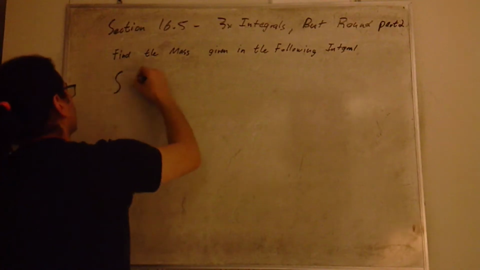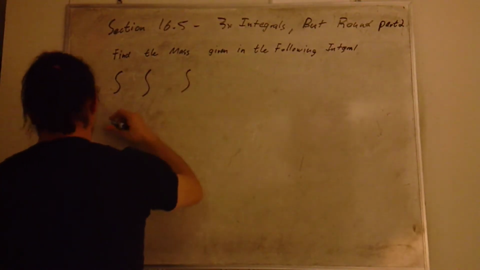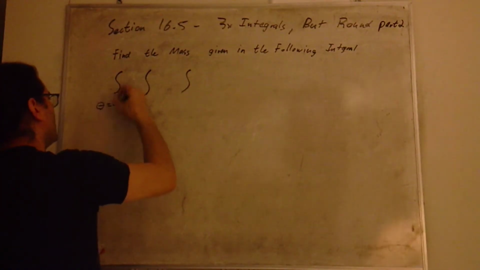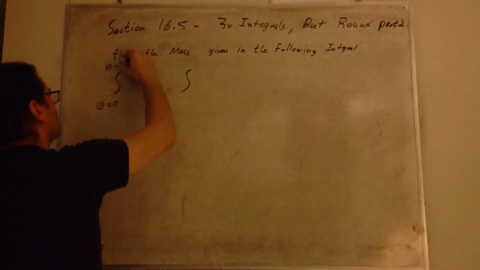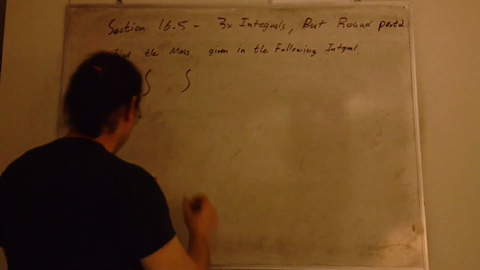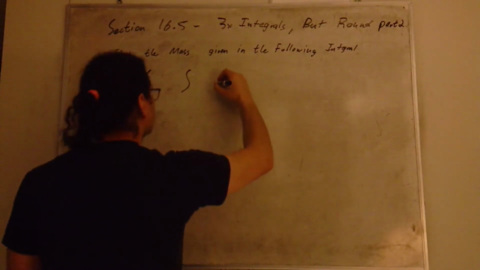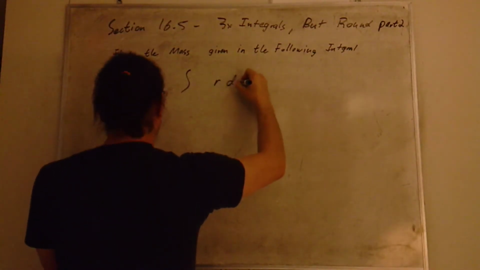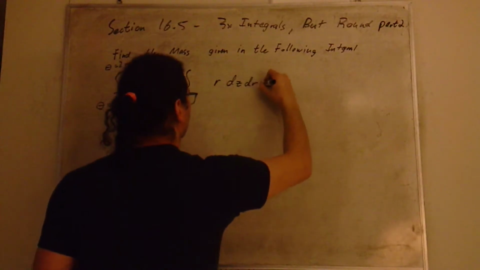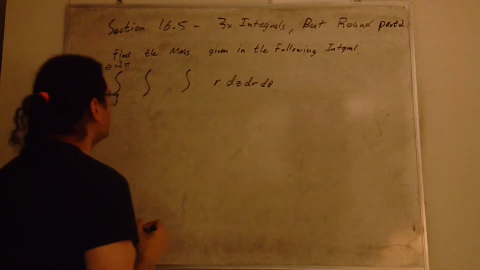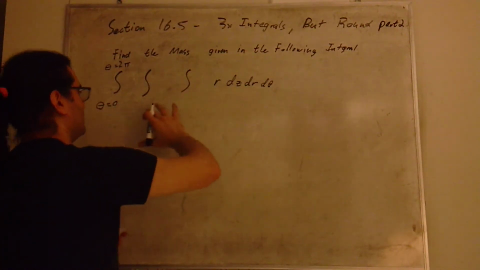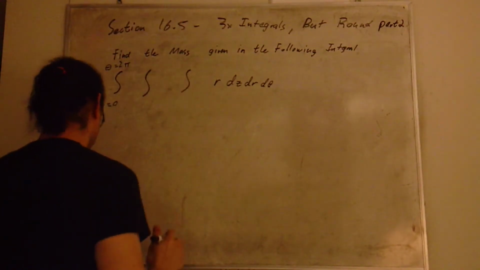So our integral is going to go from theta equals 0 to theta equals 2 pi. Doing the full circle all the way around. Oh, I should r dz dr d theta. I want to have these written out before I start filling in these bounds.